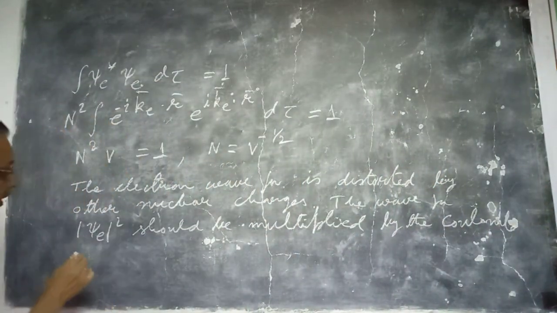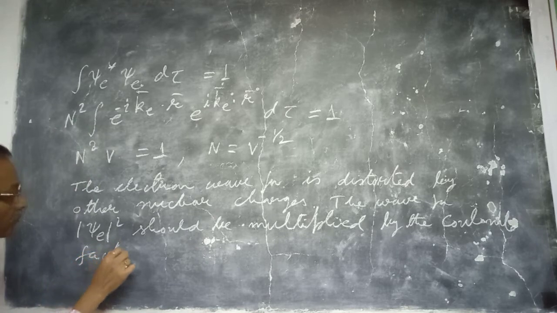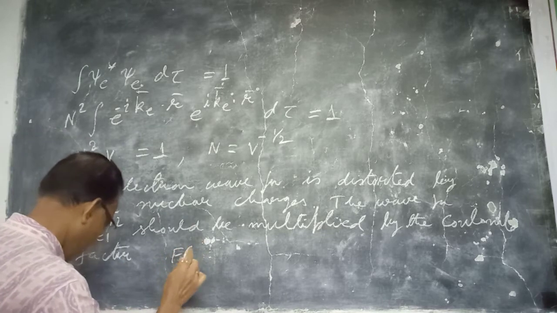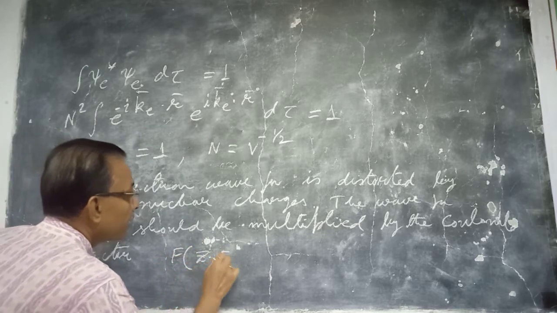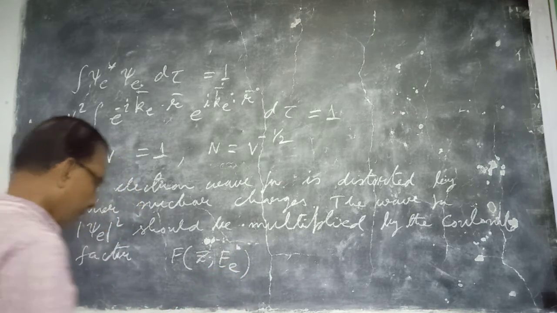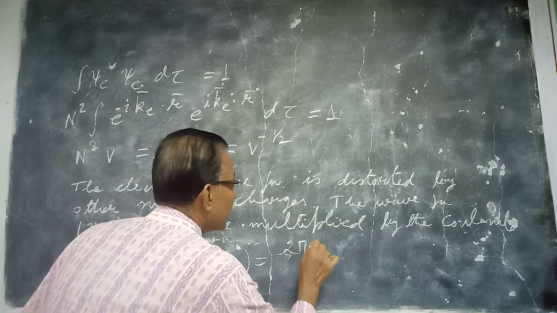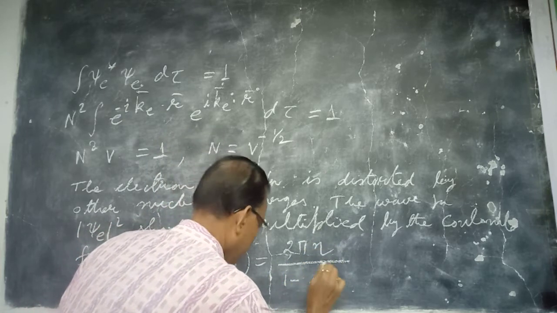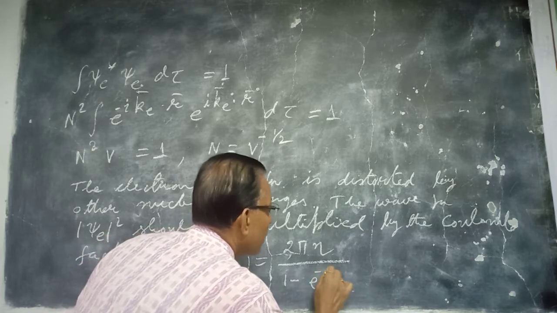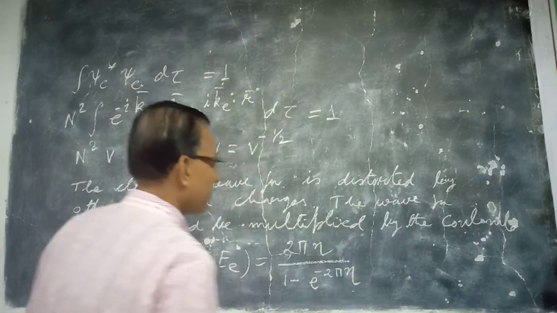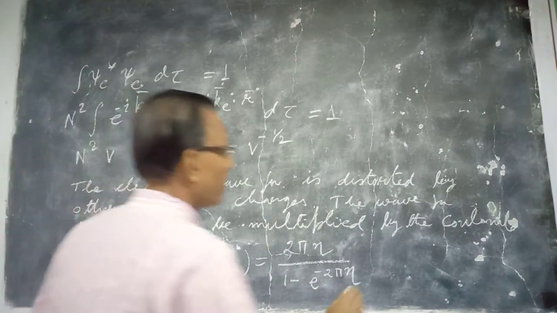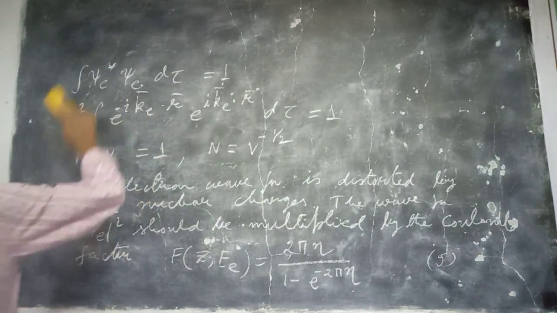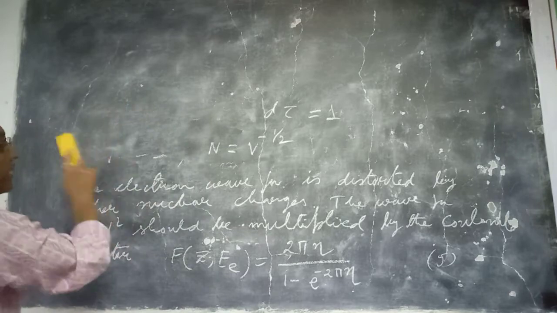This is called the Coulomb distortion, which is written as F(Z, E), where E is the energy of the electron, equal to 2 pi eta over e to the power 2 pi eta minus 1. Eta is the Sommerfeld parameter, which comes in terms of the atomic number, that is, the charge present in the system.